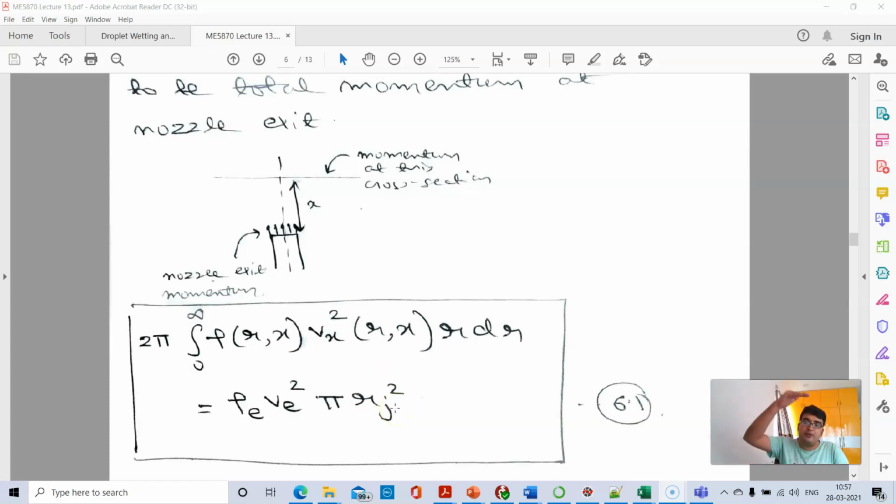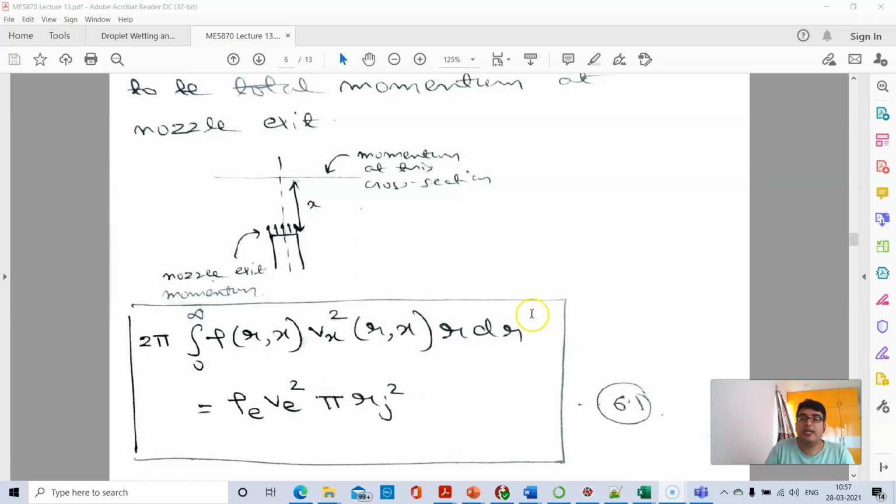And at any downstream location, you integrate over the entire r going from 0 to infinity, 2 pi r dr. So 2 pi r dr is the perimeter times a differential thickness dr. 2 pi r is your circular perimeter, so you are integrating over the entire angle theta from 0 to 360. Because it's a symmetrical jet, you have circumferential symmetry along theta.